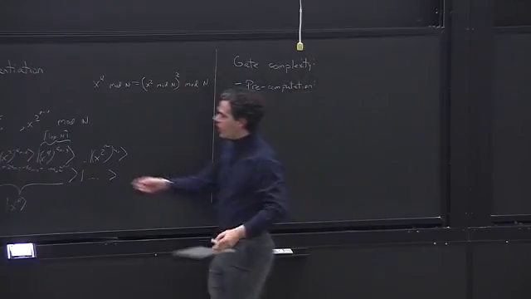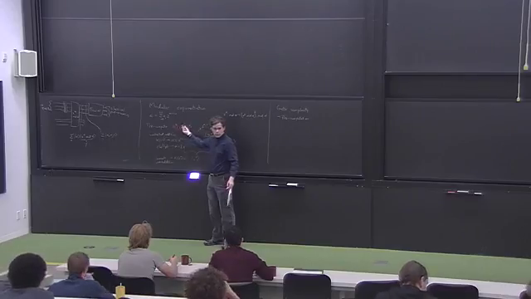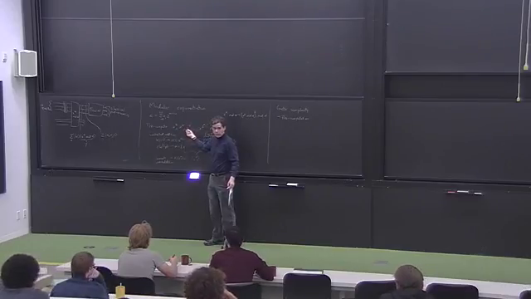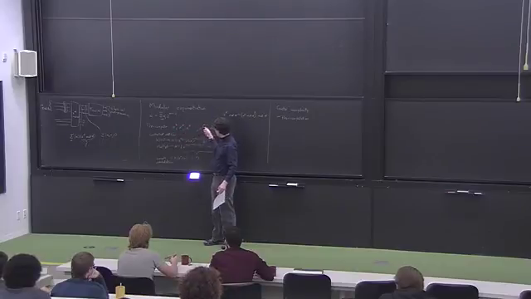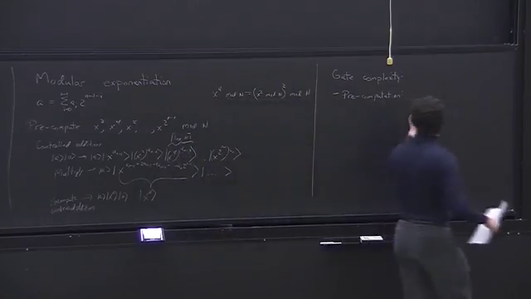Each time we're getting a new one of these by multiplying two of the old ones together, so there's a total of n minus 1 things that we're calculating here. So we need n minus 1 multiplications.